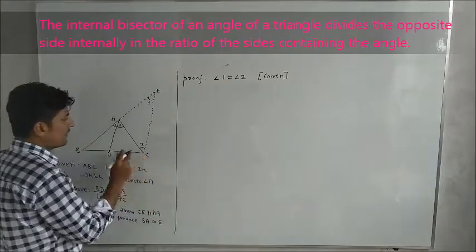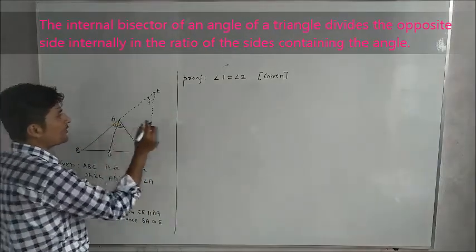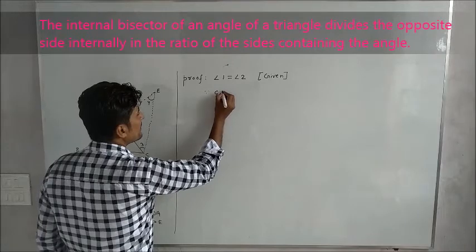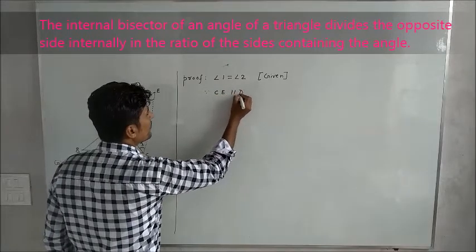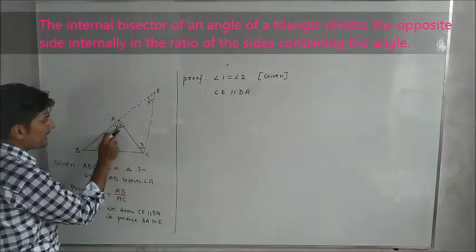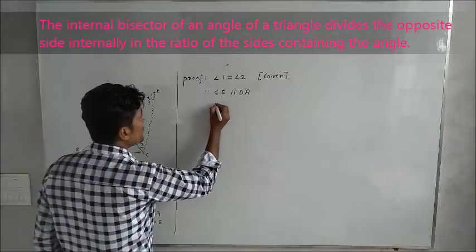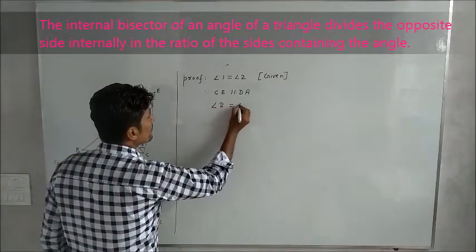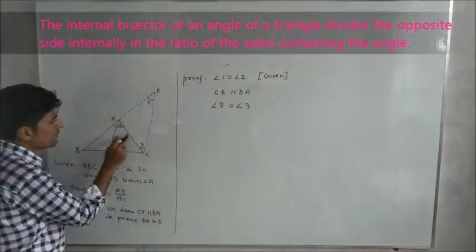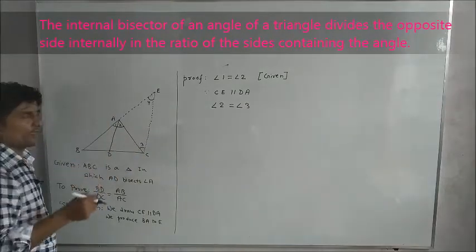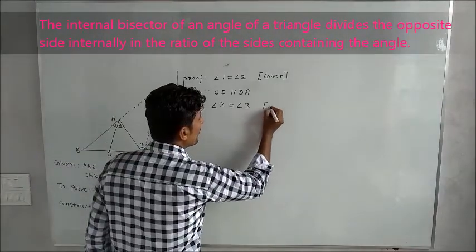Now, since CE is parallel to DA, we can say that angle 2 is equal to angle 3, because these two angles are a pair of alternate angles. So we write here alternate angle.